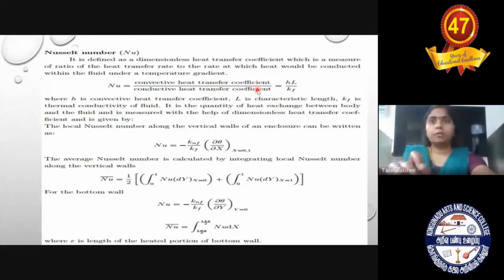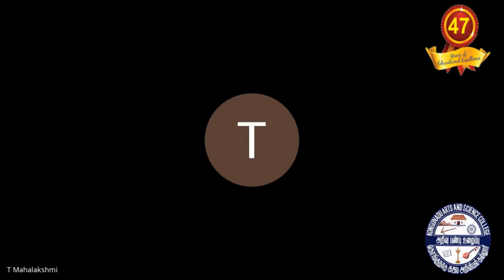So this represents the local Nusselt number. Local Nusselt number is calculated with the formula minus KNF by KF into dou theta by dou x at x is 0 and x is 1. X is 0 means we are considering the left wall. X is 1 means we are considering the right vertical wall.